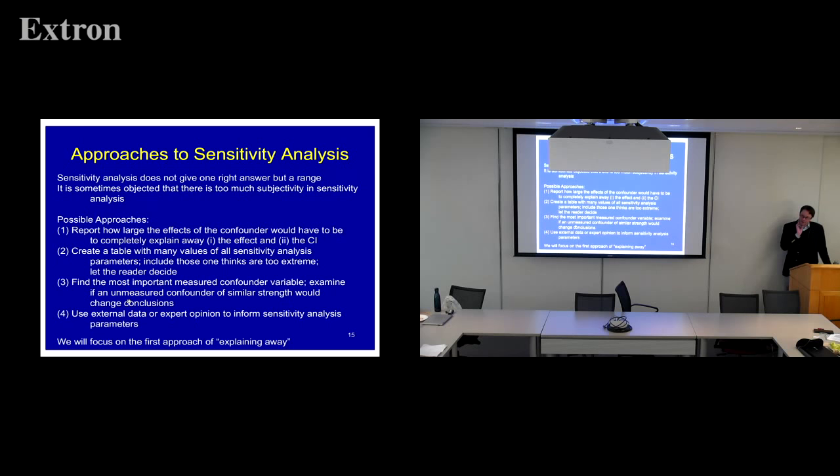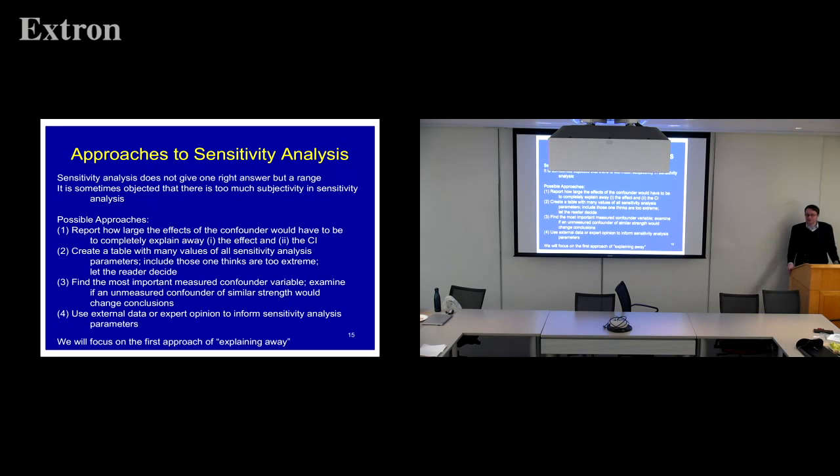A third approach, which I think can often be quite informative, is to go through the measured confounders one by one and omit them one by one. So in each case, if you have k measured confounders, just adjust for k minus 1, and see which of the measured confounders makes the biggest difference. Then ask the question, if an unmeasured confounder were as important as my most important measured confounder, would this suffice to explain away the effect?